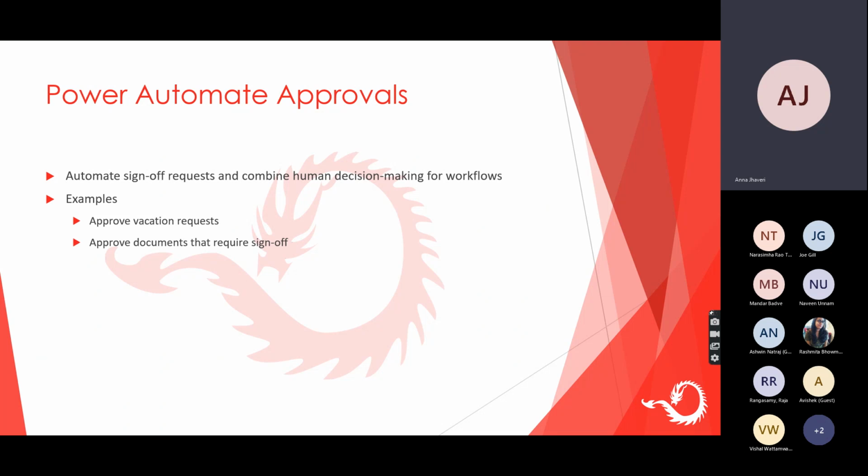Also, if you're using SharePoint Online, there would be a lot of documents stored in your SharePoint environment. And many types of documents require a sign-off process or a business flow which involves approval. So you can implement document approvals. Then every organization would sometimes have some type of expense approval, which also can be implemented.